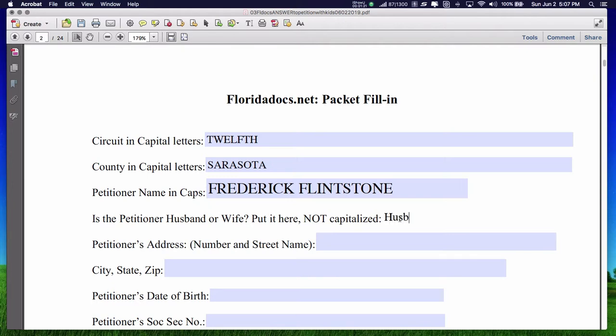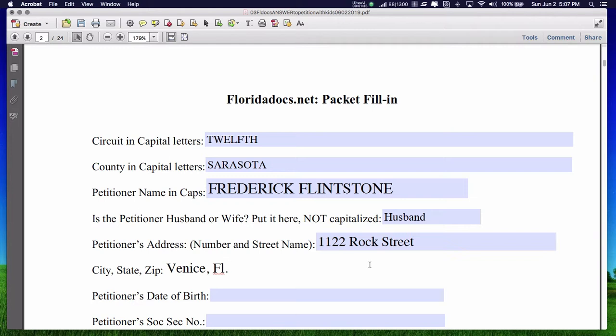And that would be the husband. And his address, you need to put it here. Let's say he lives in Venice. I'm making this up. The address is made up, but you put yours in there, obviously.